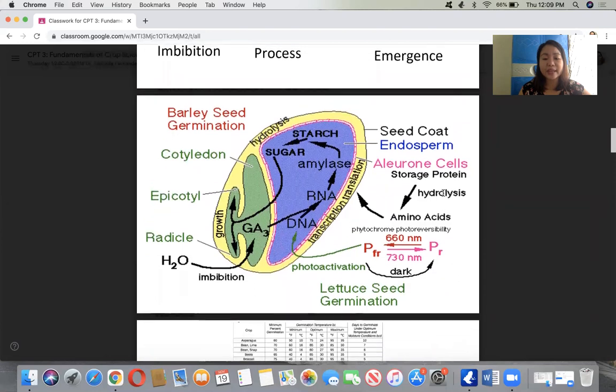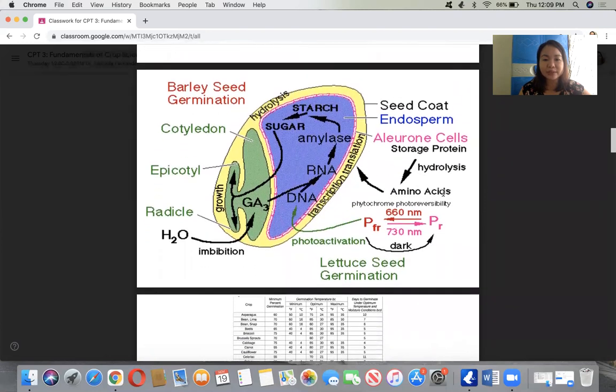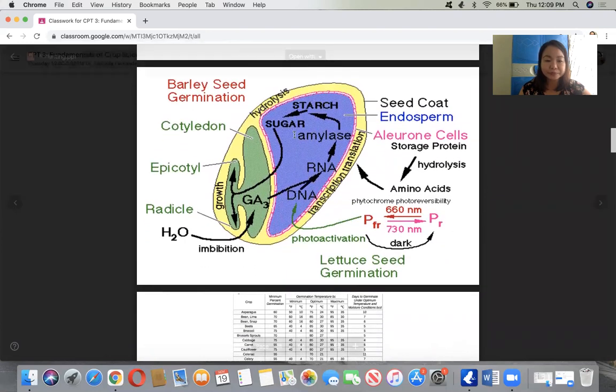For example, this is how to explain seed germination.